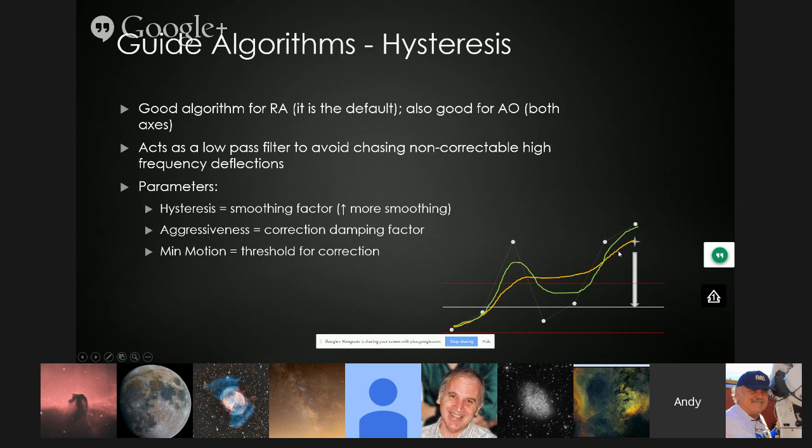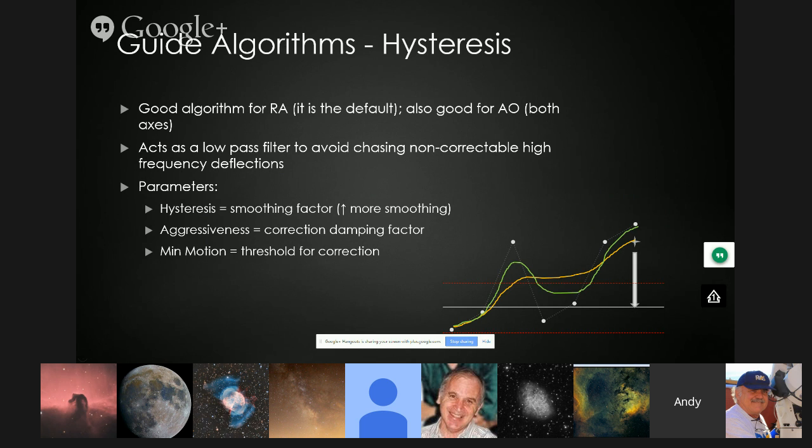That's what these smoother curves are representing. You can vary the hysteresis factor to have more or less smoothing effect, or more filtering, and that smooth curve is going to give an effective star position as opposed to the actual offset, and PHD will use that new effective position to determine the guide pulse that's needed to move the star back.